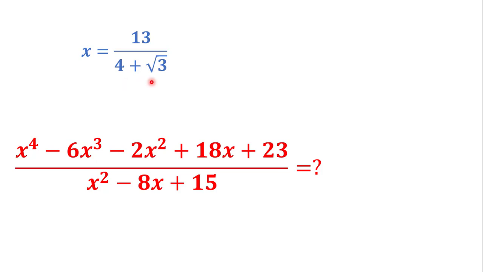Now we can rationalize the denominator by multiplying up and bottom by the conjugate of 4 plus square root of 3.